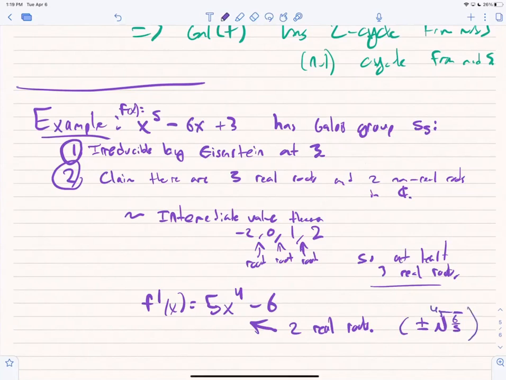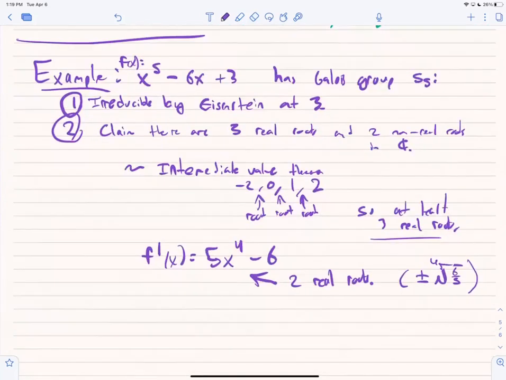The 2 real roots are plus or minus the positive real 4th root of 6/5. So that means the derivative can only be 0 twice. But this polynomial is separable, so all of the roots are simple roots.